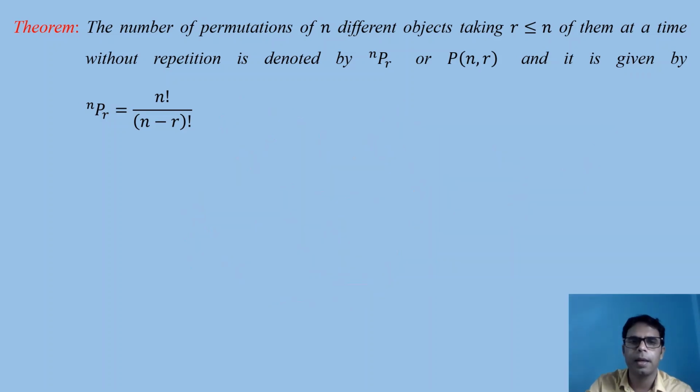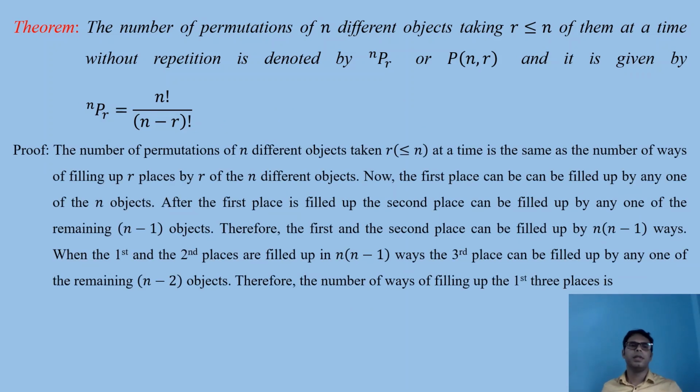To prove that, first you write your notes here. I am writing here: the number of permutations of n different objects taken r of the objects at a time is the same as the number of ways of filling r places by r of the n different objects. You have n objects, and you are taking r of them at a time.